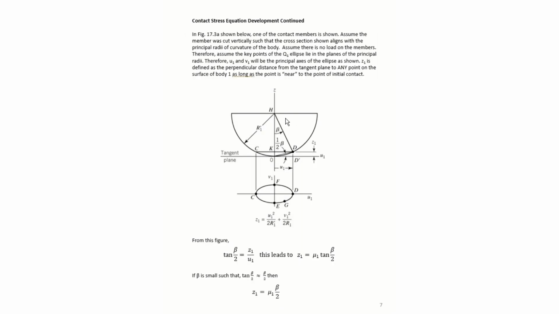Then we can look at the triangle HKD. So the triangle HKD comes from H, K, and D. If we look at this triangle here, we can write that the tangent of beta is u1 over r1 prime minus z1.